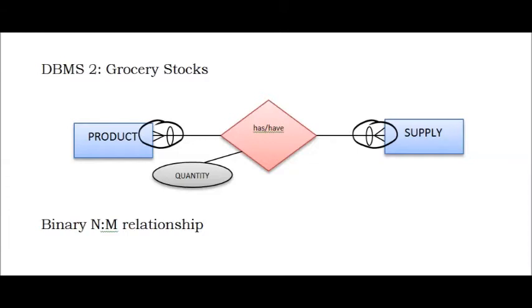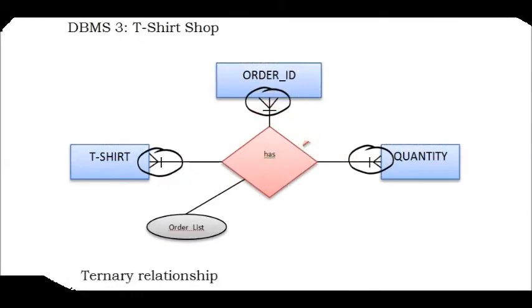So the third and last one is the relationship of my t-shirt shop. It has a ternary relationship because I have t-shirt, order ID, and quantity as my entities. This one is not really tolerable because having many entities will just confuse a database.